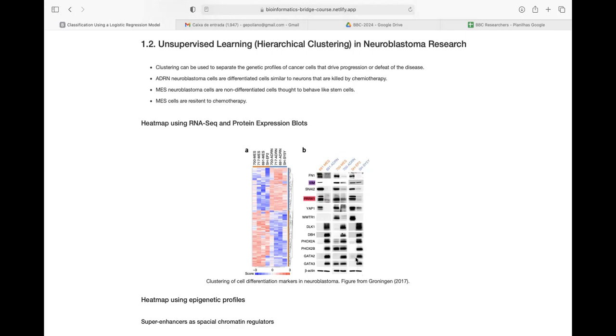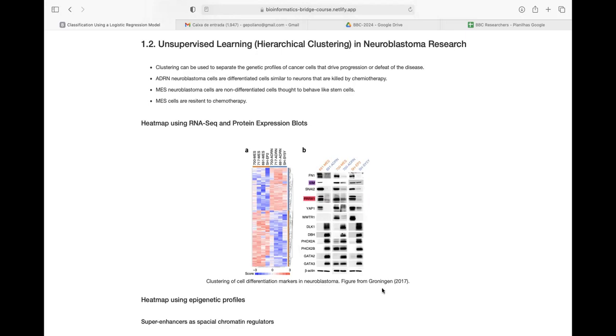You can see that these adrenergic cells have higher expression of adrenergic markers, whereas mesenchymal cells have low expression of adrenergic markers.